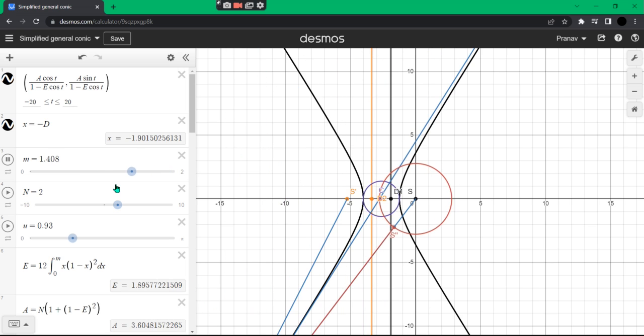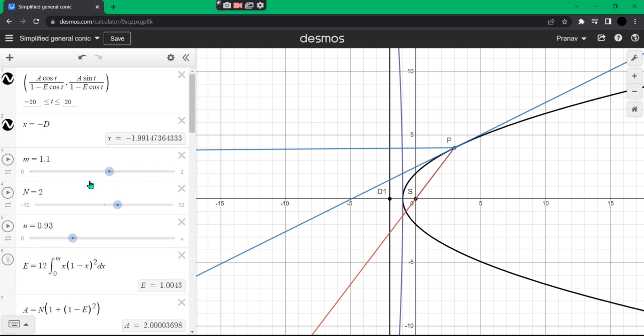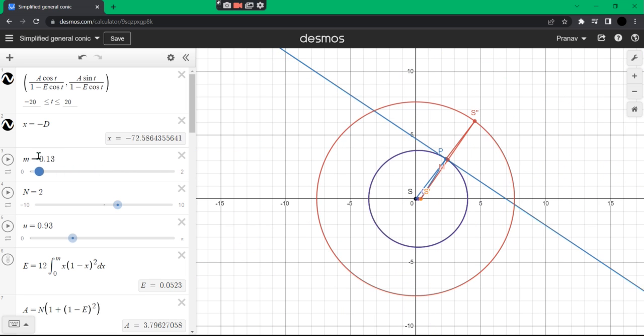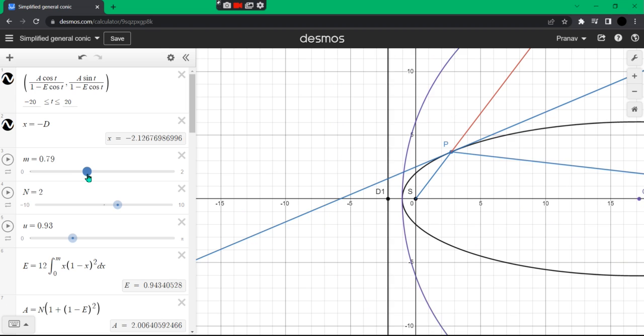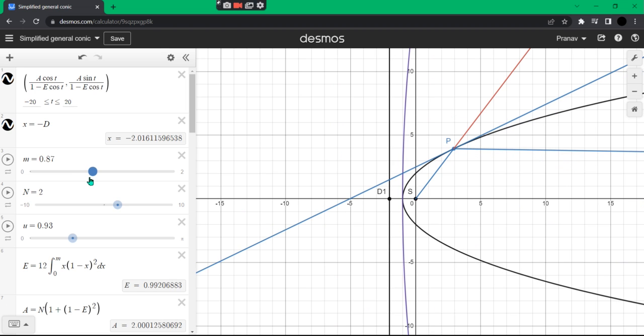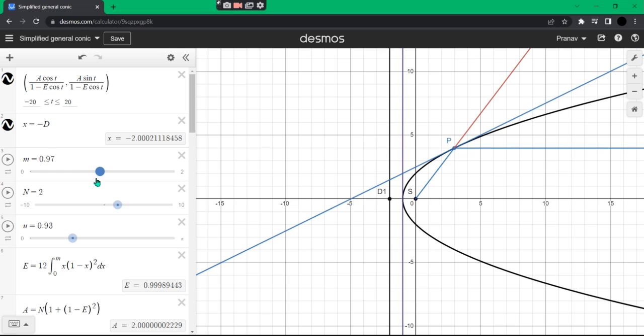Oh, okay. In fact, wait a second. I only showed you what's the case for the ellipse. So let me also show you what happens for a hyperbola. So right, a parabola now. Oh, and by the way, for the parabola, you see this line. That's the line joining P to S dash, and this just completely becomes horizontal.